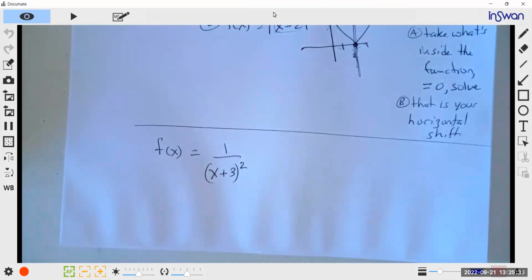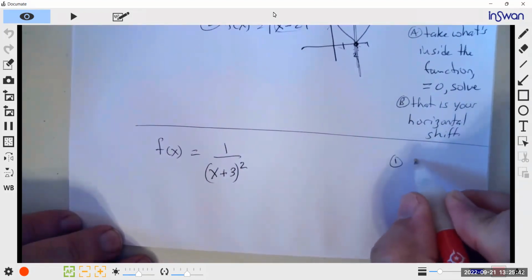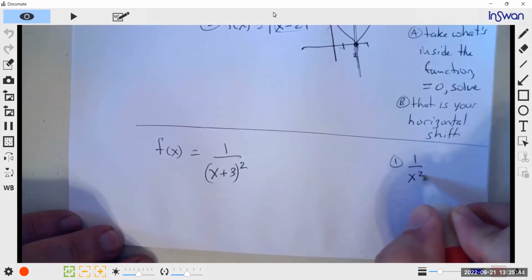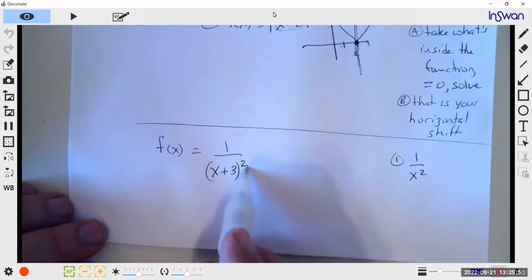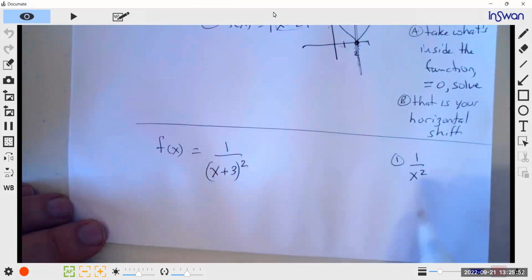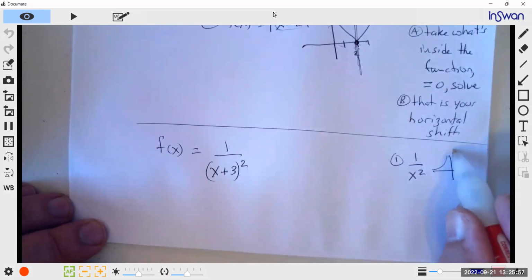How about this one? We identified the function is 1 over x squared. So that's where the x is on the bottom, and it's squared. So it's 1 over x squared. What does the graph of 1 over x squared look like? The Atari symbol.